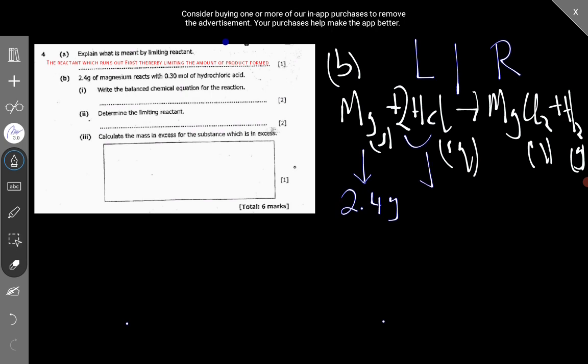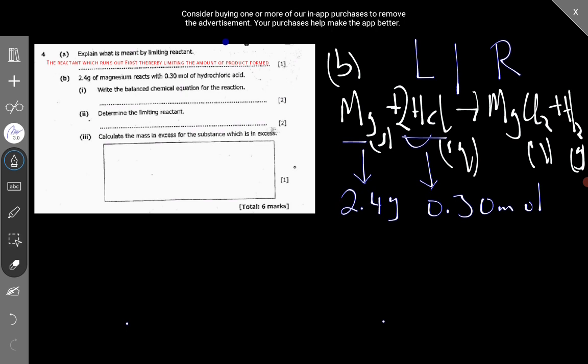We've been given the moles, which is 0.30 moles. So the only thing we are supposed to do here is find the limiting reactant between magnesium and hydrochloric acid. Between these two, which one is the limiting reactant?